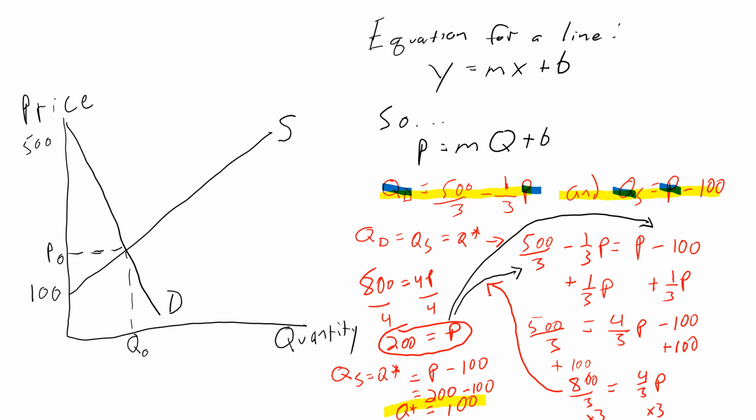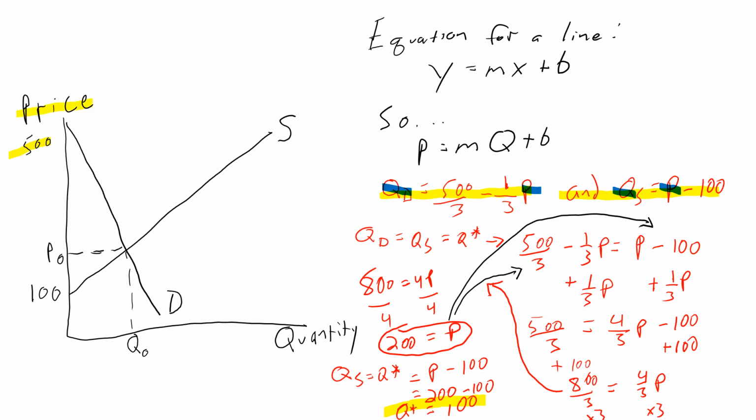So anytime that you have two equations and two unknowns, you can solve for both of those unknown variables. You want to think of this graph with price on the vertical axis and quantity on the horizontal axis as the B variable being your intercept and your Y variable being your price.